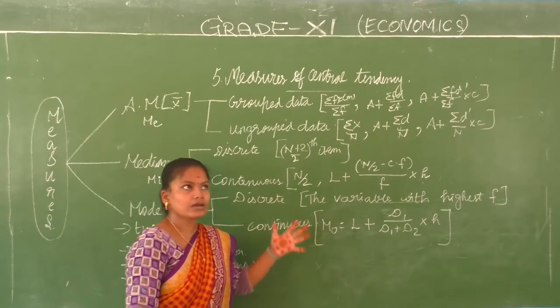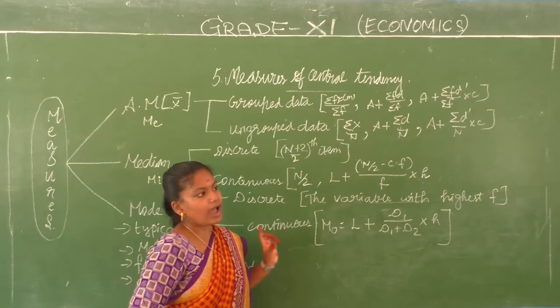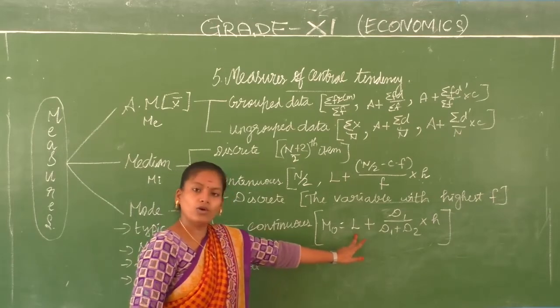The modal class is the class with the highest frequency. Now after circling that, you can find the lower class limit.